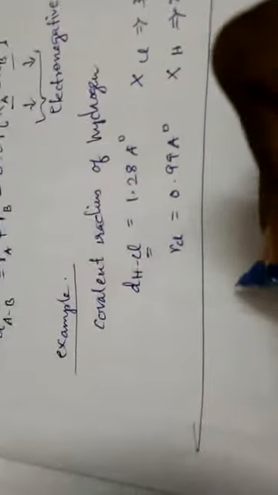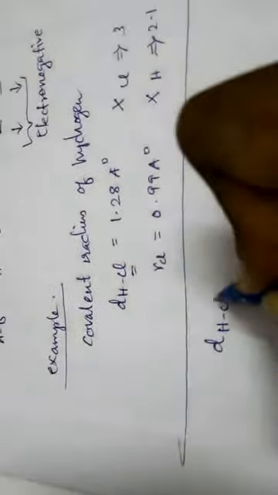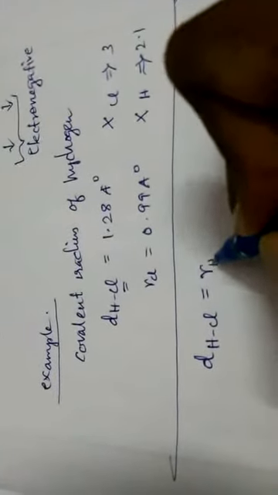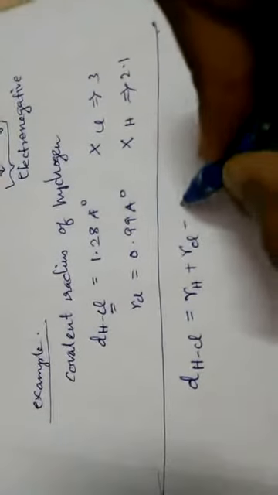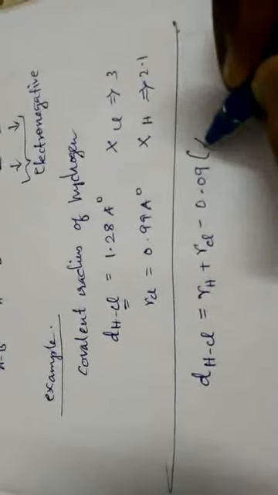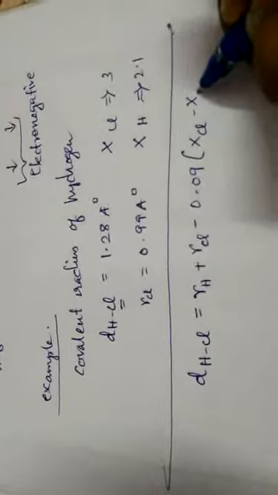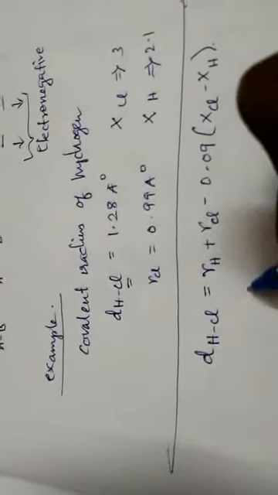Now come to the formula. D(HCl) equal to radius of hydrogen plus radius of chlorine minus 0.09 into the HCl bond, X hydrogen. Now apply the value.